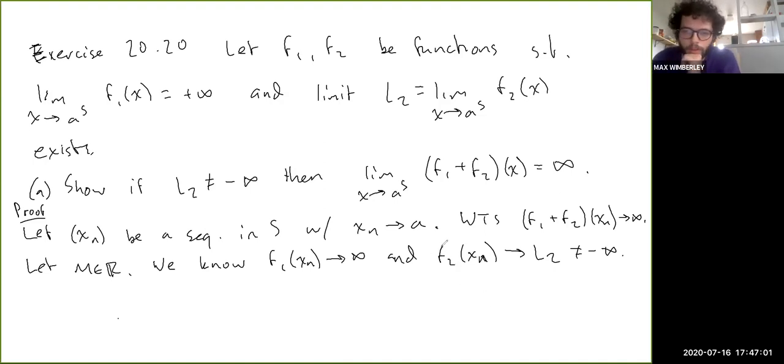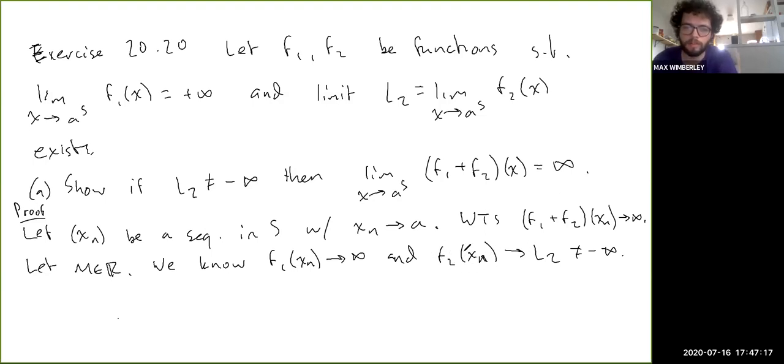So I think the most efficient way of making the argument that f1 plus f2 of xn goes to infinity involves first bounding f2 below.